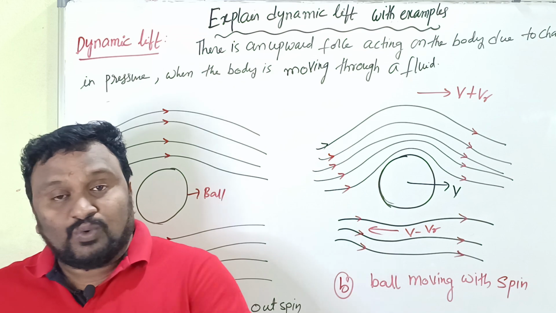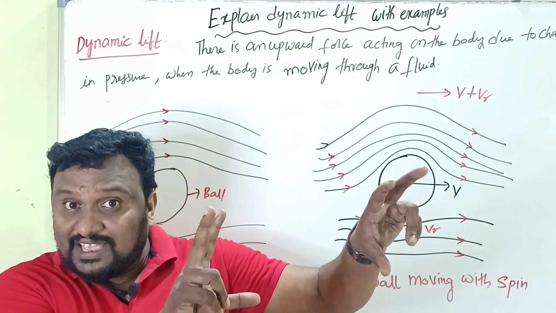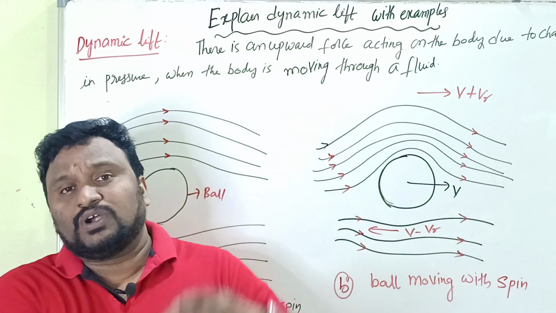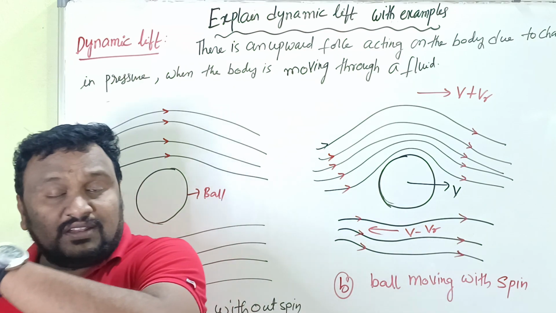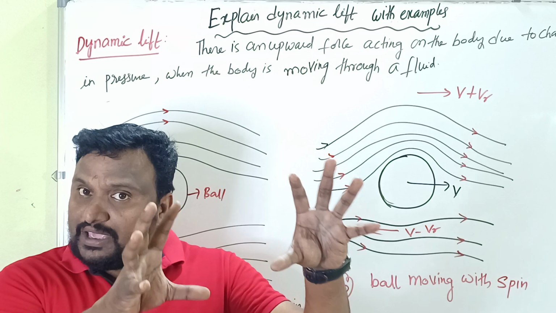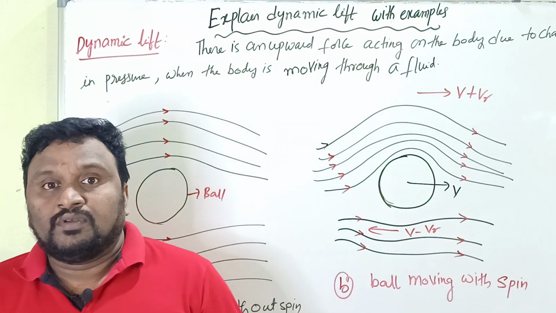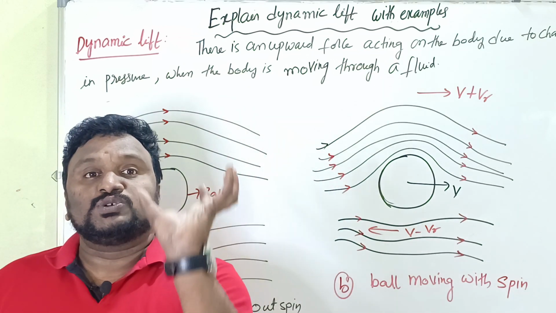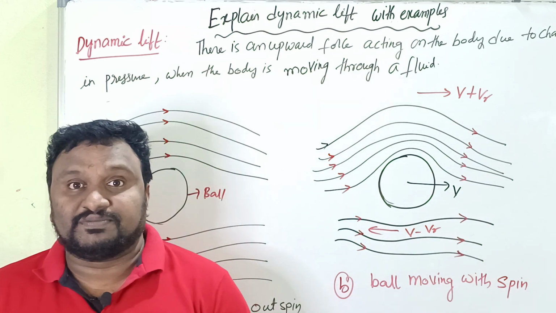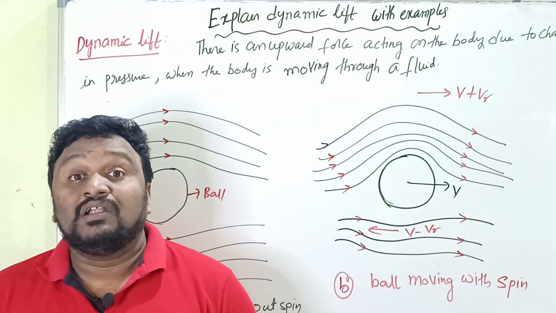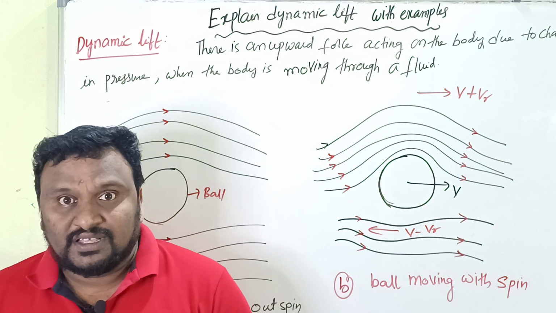In this case, one object is in air or fluid or water maybe. We are talking about air only. When the body is moving in air, there is some upward force acting on the body because of the change in pressure. That is what we call dynamic lift.